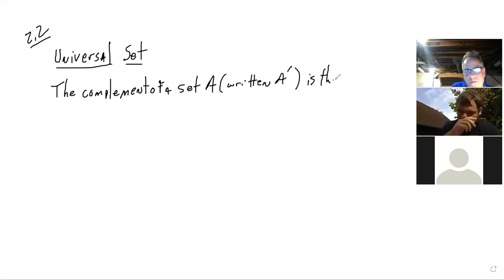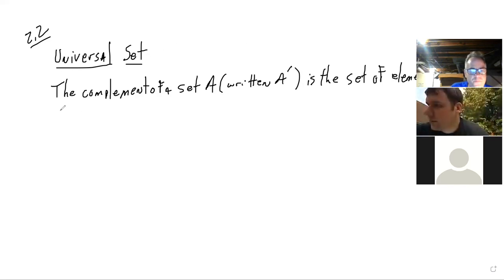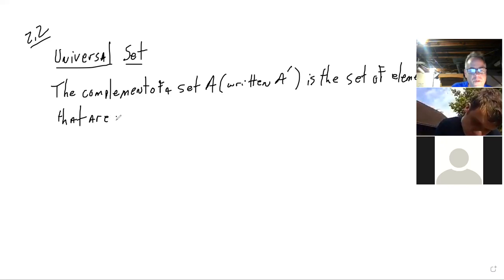It is the set of elements, and the universal set, incidentally, is denoted by a capital scripted U. So I just put curly ends on it.